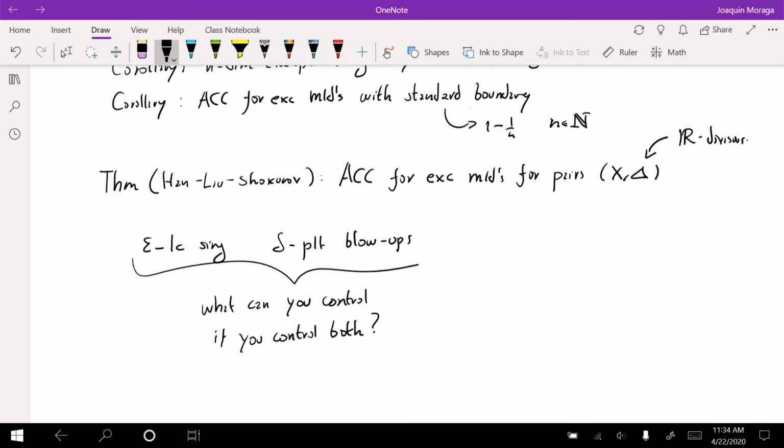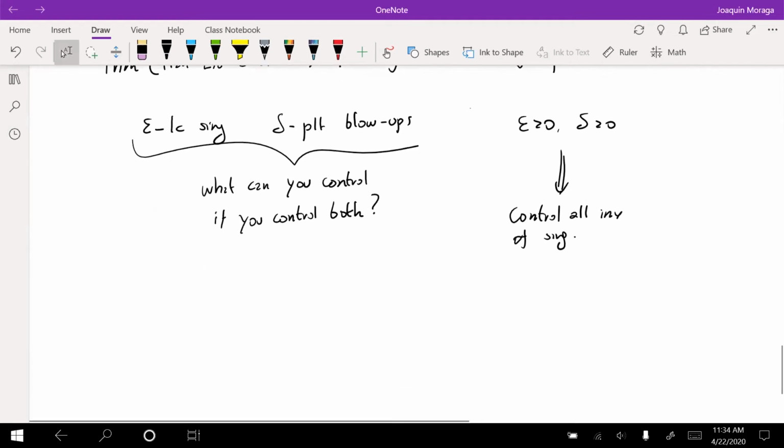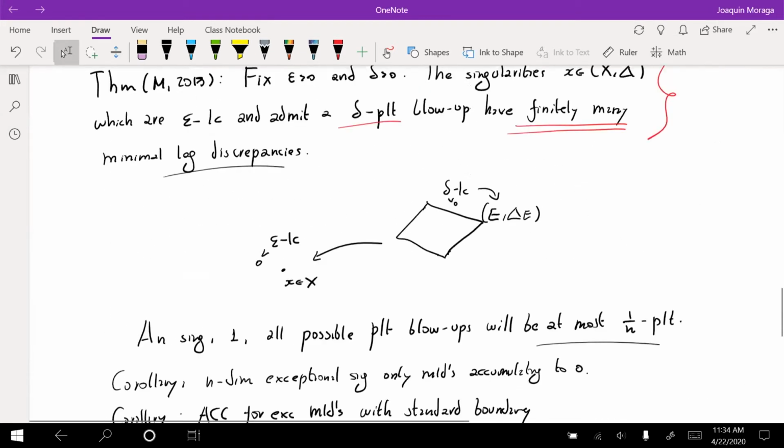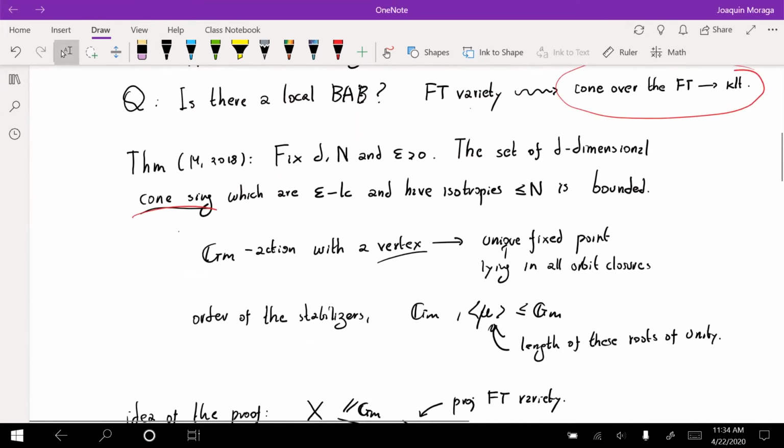We started looking at some invariants, and we realized that essentially every invariant that you could look at is controlled by epsilon and delta. So if epsilon is bounded away from 0 and delta is bounded away from 0, then you control all invariants of singularities. And then, working a bit harder and using the boundedness theorem that I wrote before about cone singularities, one can prove the following.